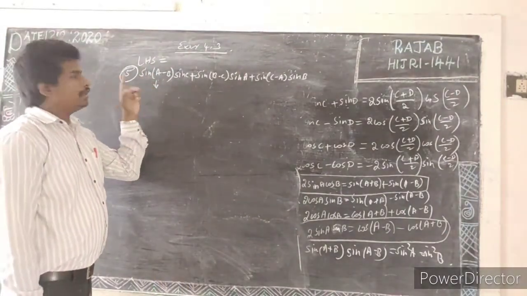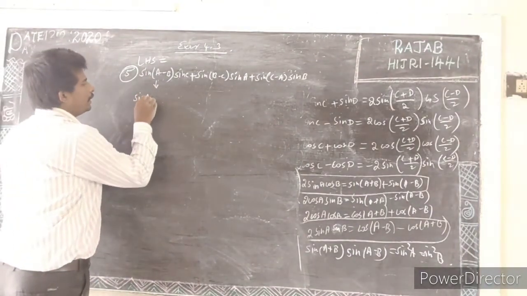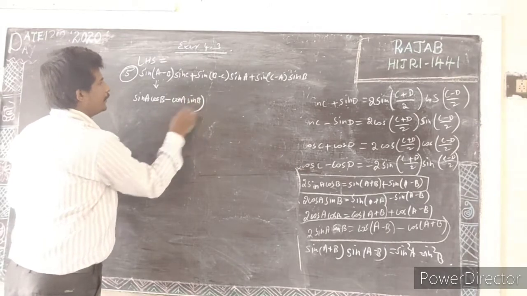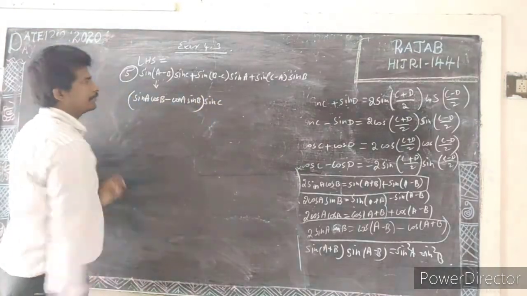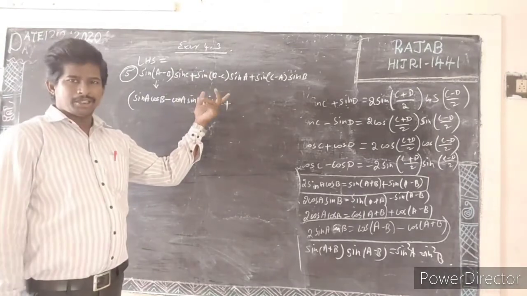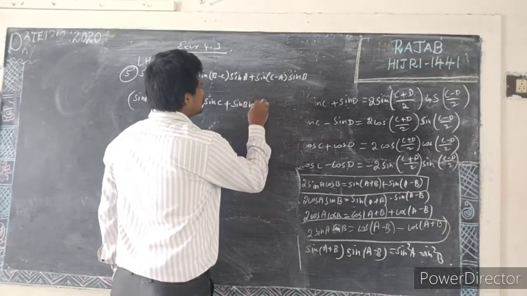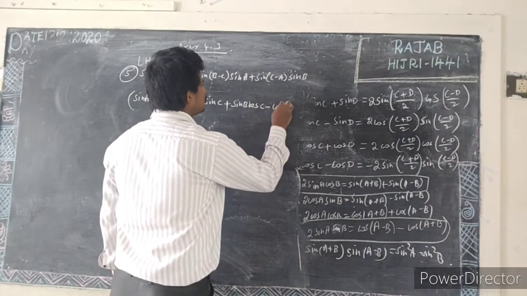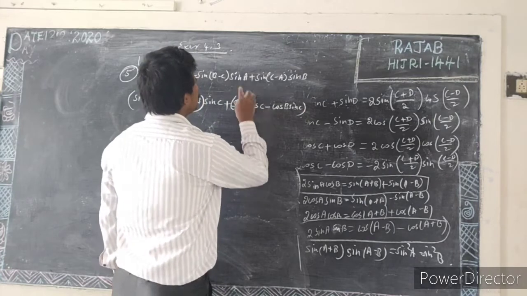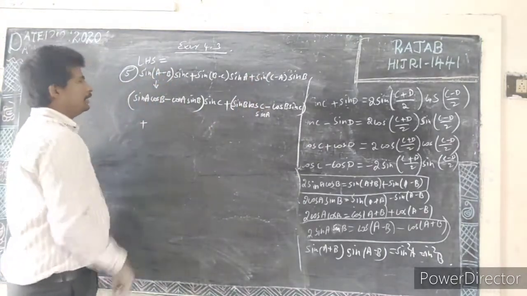First I am going to take sin of A minus B. Sin of A minus B is sin A cos B minus cos A sin B, into sin C, plus, I am going to use the same formula, sin of A minus B. Instead of A and B, here we are having B and C. So sin B cos C minus cos B sin C, into sin A, plus the same thing.